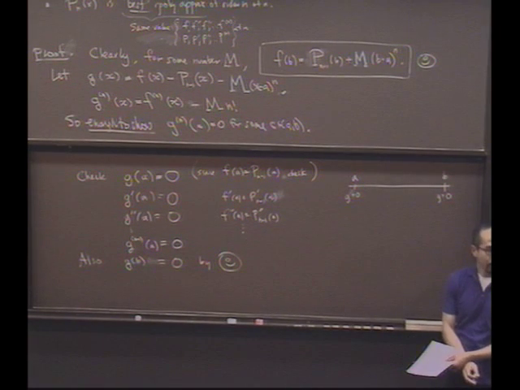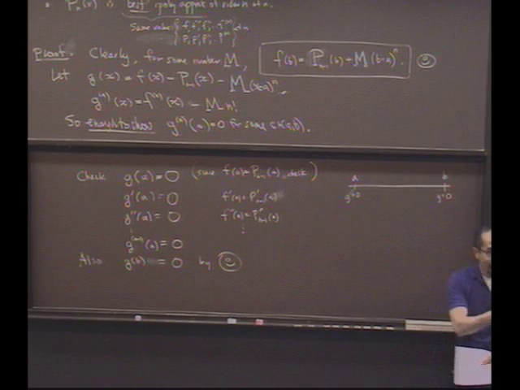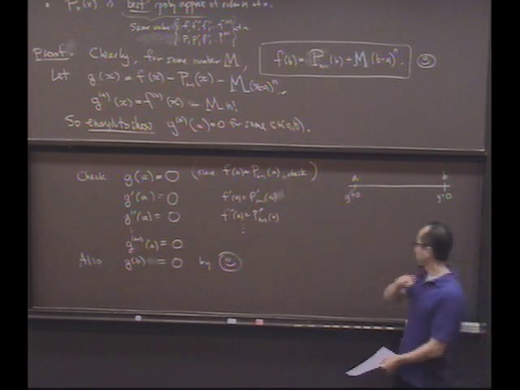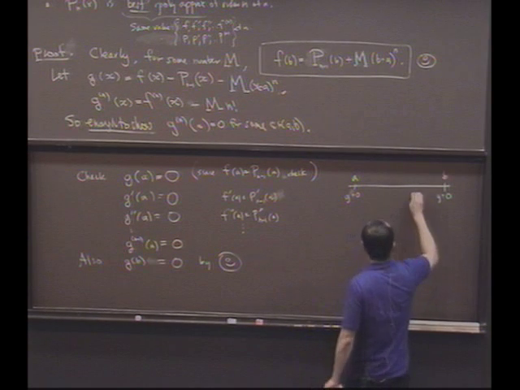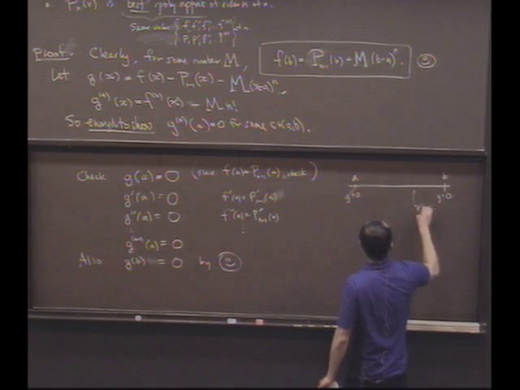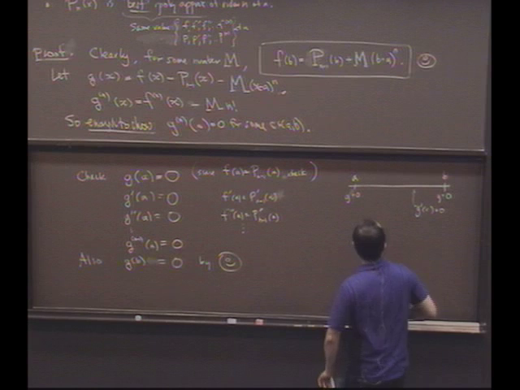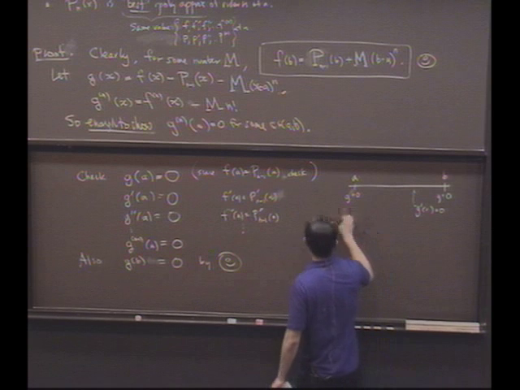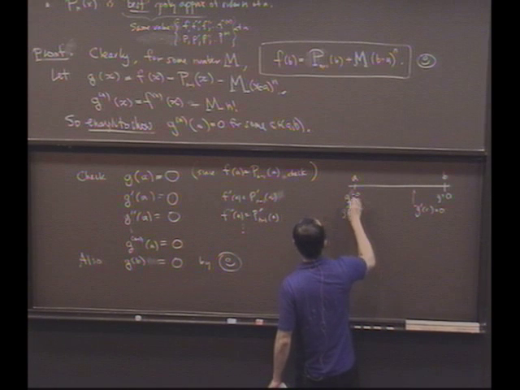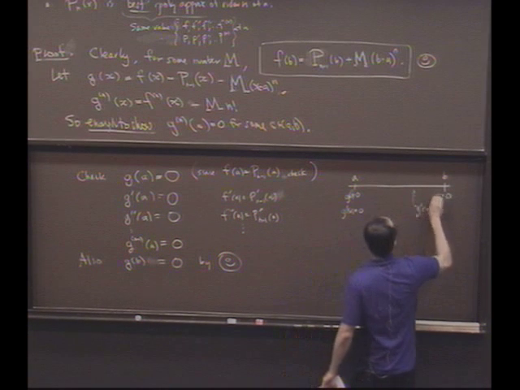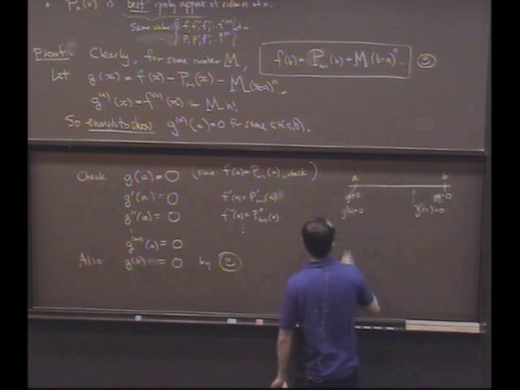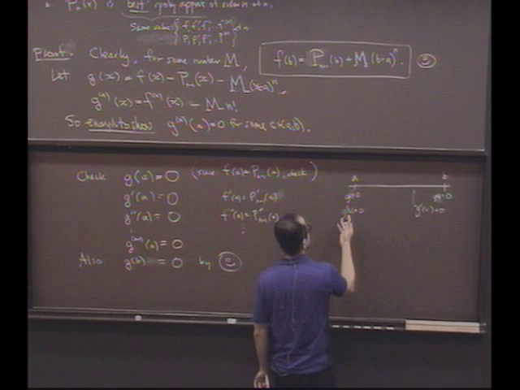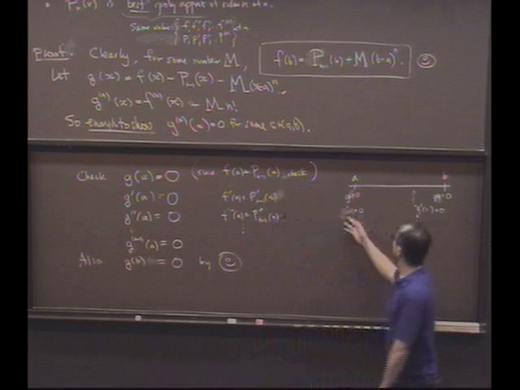Therefore, there's a point in between whose what? Whose first derivative is 0. So I don't know where that point is. Maybe it's here. There's a place, g prime of c, which is 0. Yes? But what do you know about g prime at a? It's also 0. Right? Okay. Good. So I have a place where g prime is 0 at a and at c.